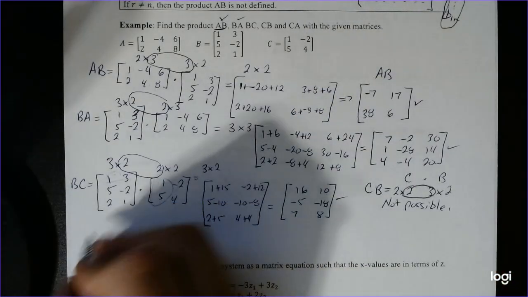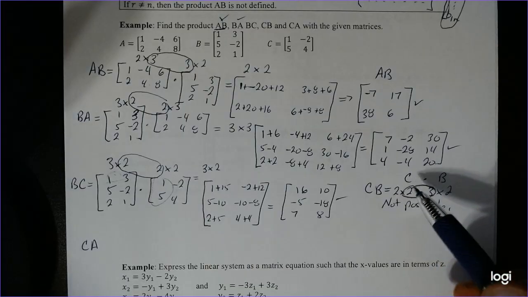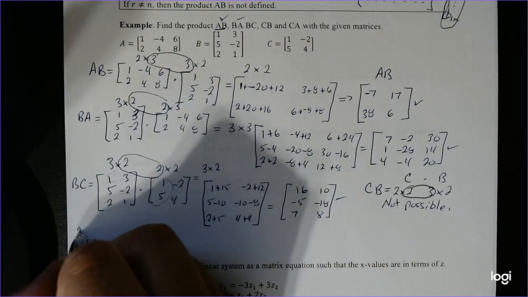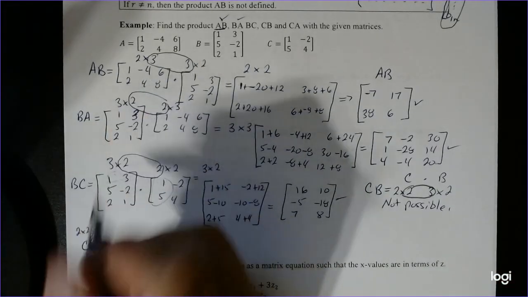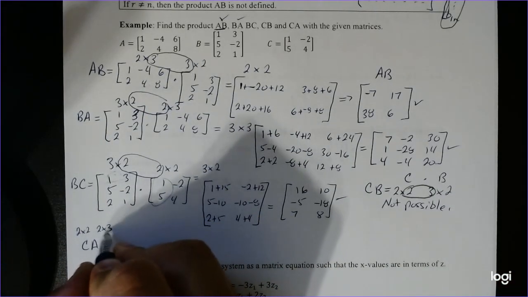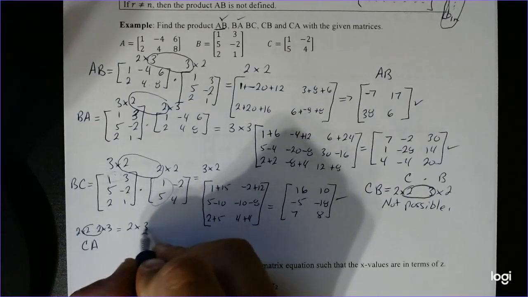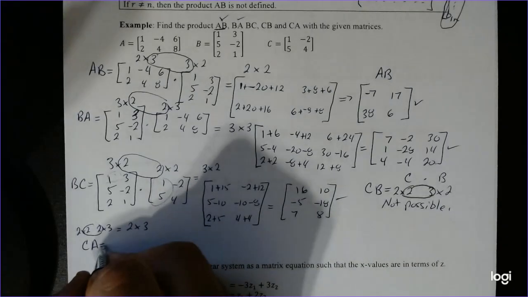Now, what about CA? So A is going to be, so let's see. We have CA, so this is a 2 by 2 for C. And A is a 2 by 3, so it will work. This time our result is going to be a 2 by 3 matrix. So 2 rows, 3 columns. All right, so let's see.